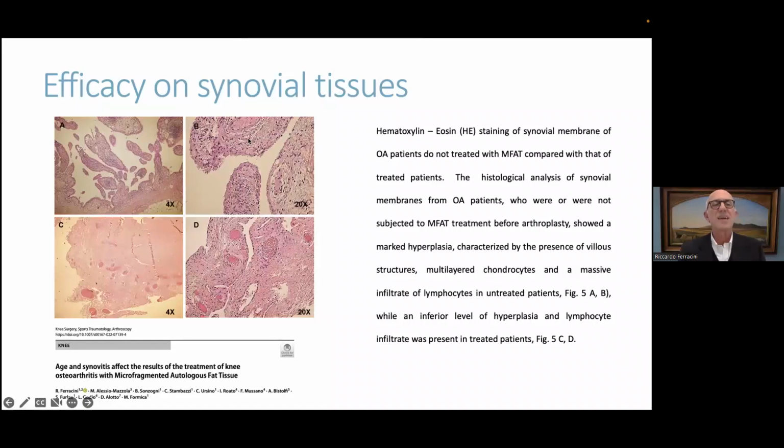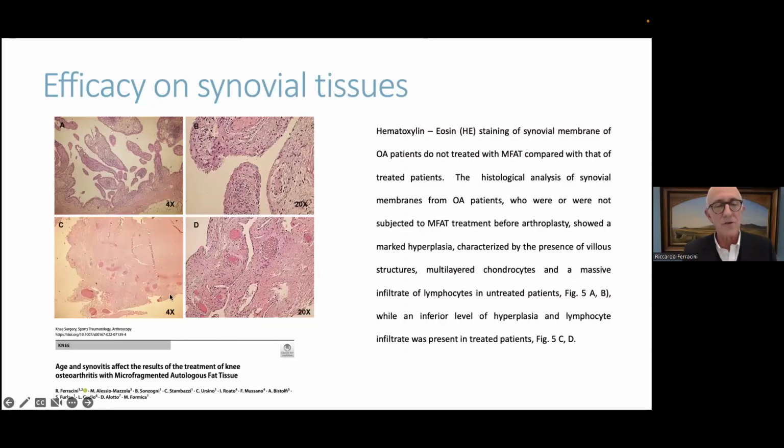A and B are two cases from patients that we implanted a knee prosthesis on, not treated. And C and D are two treated cases with MFAT, which did not have a good result.